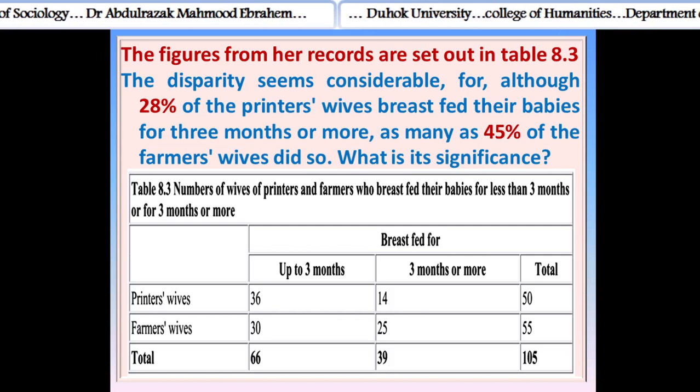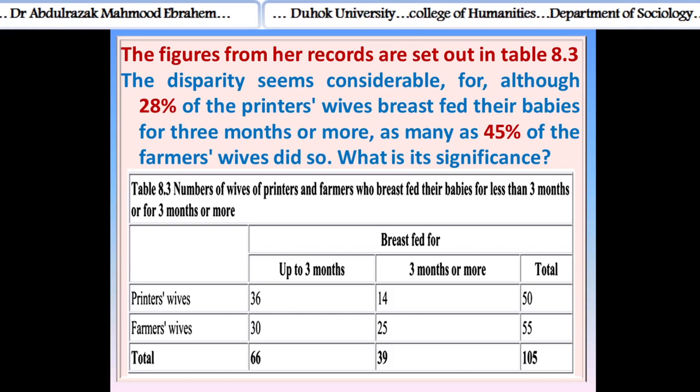We have a 2 by 2 table, printers' wives and farmers' wives: 36 and 30, account these columns, we have 66. And for 3 months or more, 40 printers' wives and 25 farmers' wives, total 39. All the sample 105.